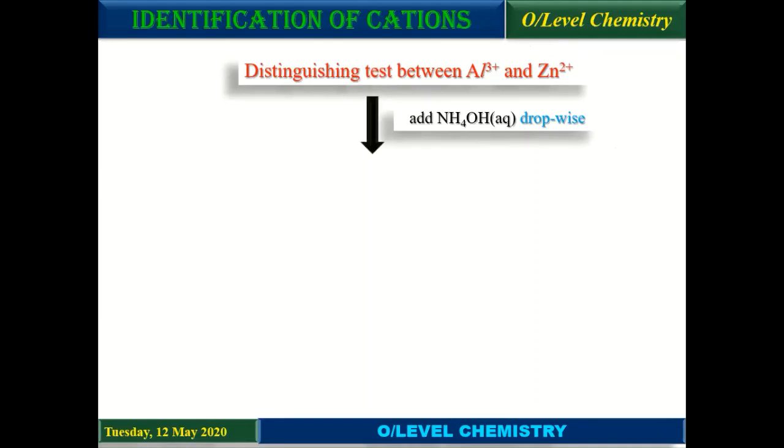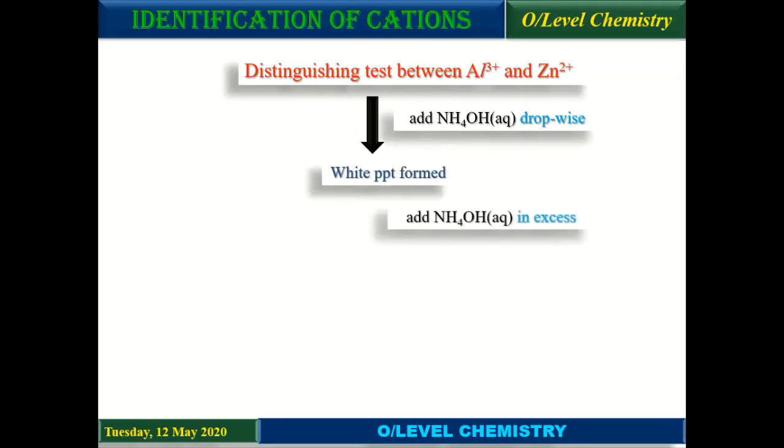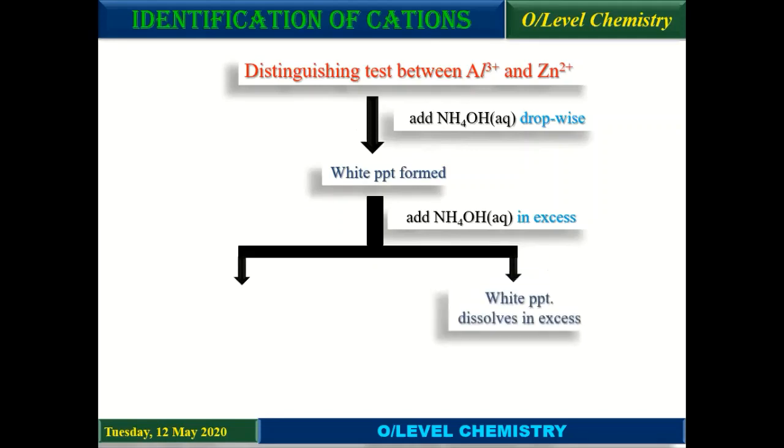A little quantity is added dropwise. Then we get white PPT, and these white PPT might be of either aluminium or zinc hydroxide. Then we add this ammonium hydroxide in excess.